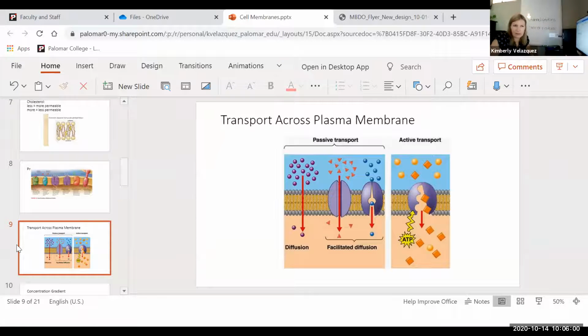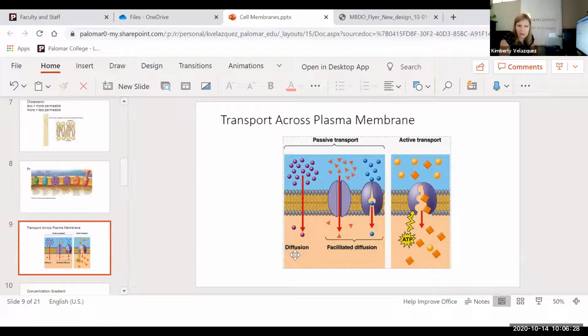This slide is straight from the lecture video on YouTube. If you've watched those lecture videos on transport across cell membranes, you've seen this slide, and it's a reminder of the different types of passive transport versus active transport. Remember, if it's passive transport, all of those molecules are going from an area of higher concentration to an area of lower concentration.